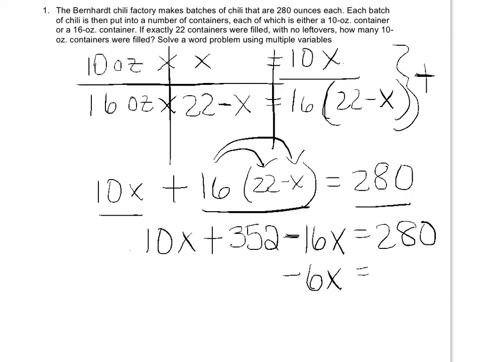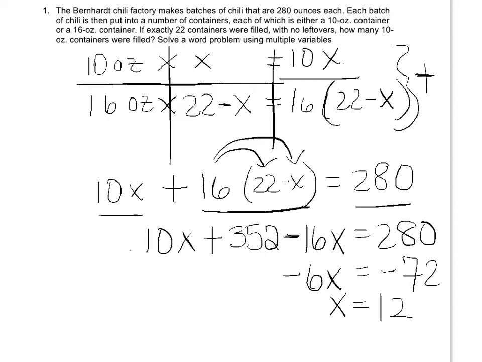And then I'm going to take the 352 away from both sides. Now the absolute value difference is 72, and it's going to be negative 72 because 352 is bigger than 280. Then when I divide, I'm going to be back into positive numbers, which is good since I'm finding a number of containers. Negative wouldn't make any sense. And now I see that I have 12 10-ounce containers.